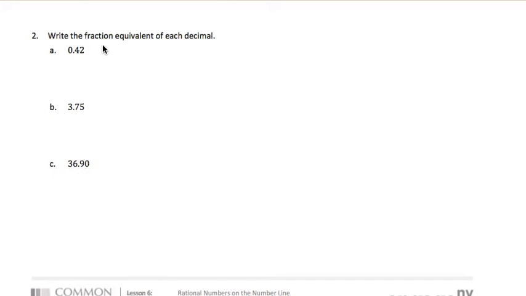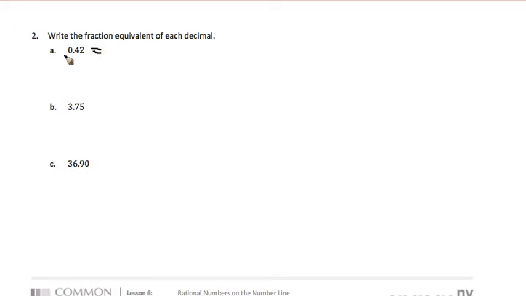Next, we're going to convert decimals back to fractions. This process requires us to know our decimal place value. So if you haven't brushed up on it, now is the time.